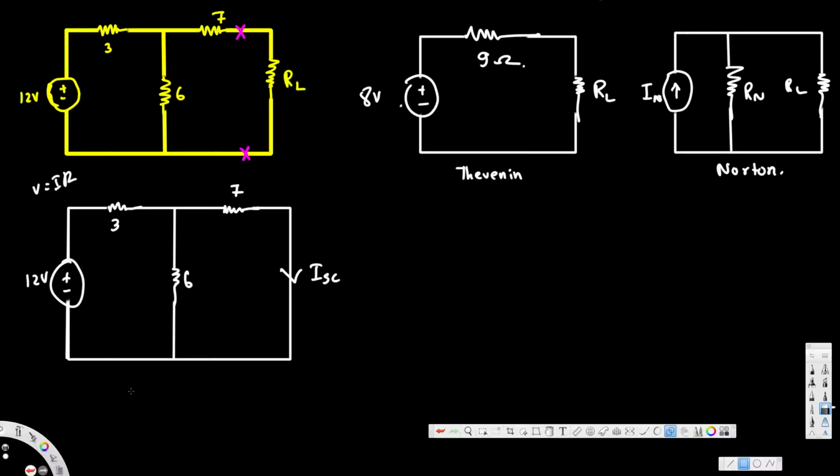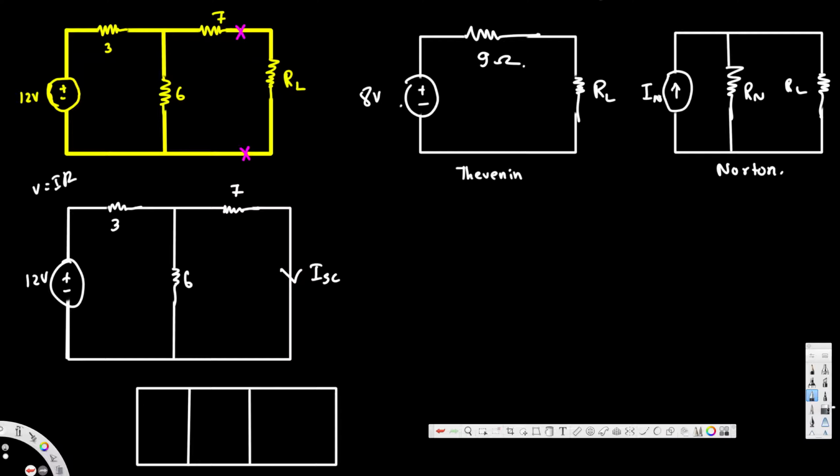Here we are going to have 4 ampere, and this 3 ohm resistor is going to be in parallel now, and this 6 ohm resistor remains as it is, and here we will have the 7 ohm resistor.